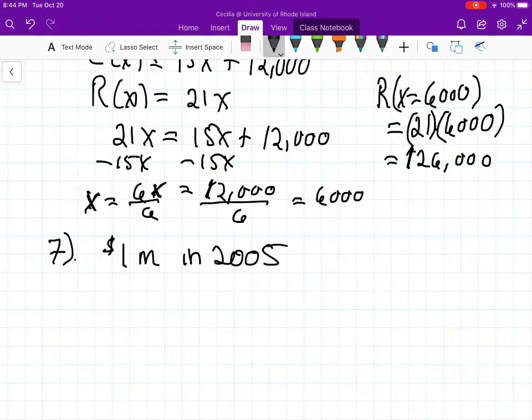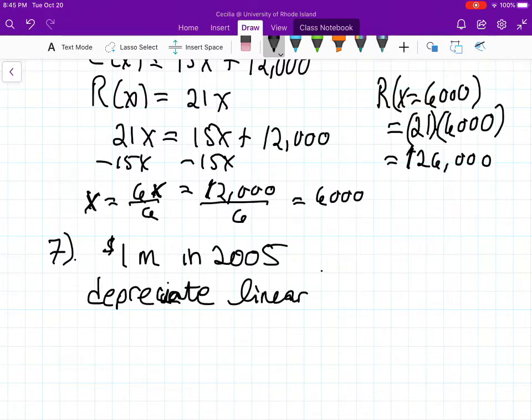Let's just go ahead and write that for now, and it'll help us deconstruct the word problem step by step. So the fact that we know it's depreciating linearly means we're going to need to find a line for the function of depreciation, and we're going to go out to 50 years.